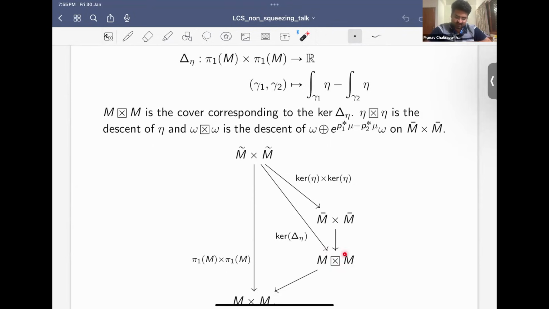So this is called the product of the two LCS manifolds.